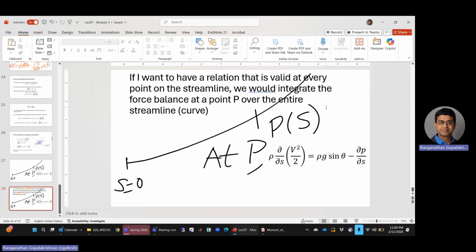For a compressible fluid, the density is a function of the pressure, or it depends on pressure.